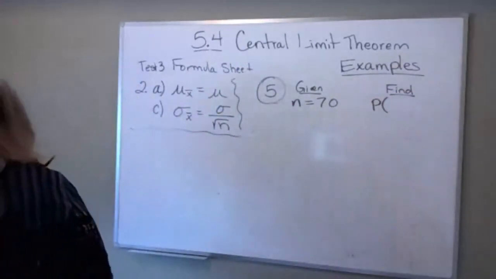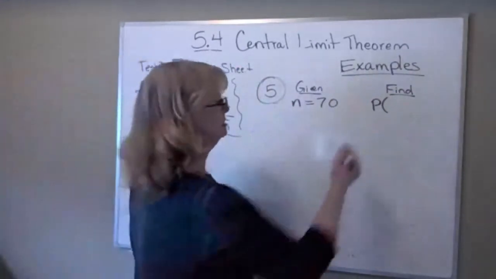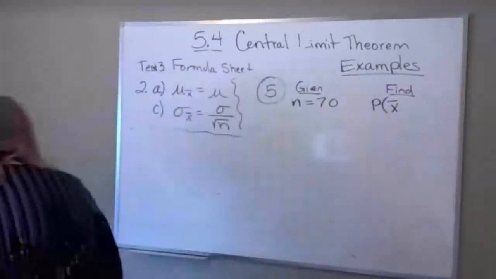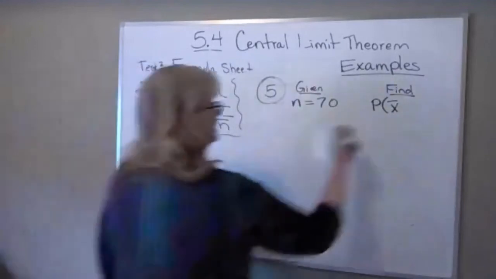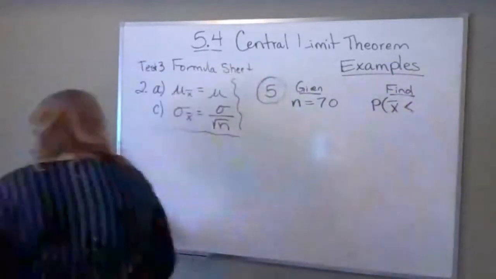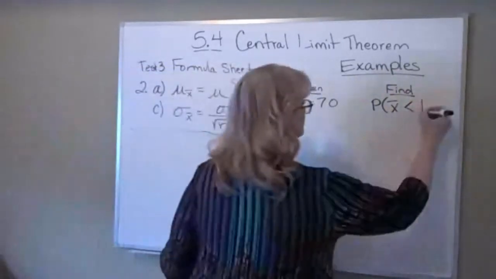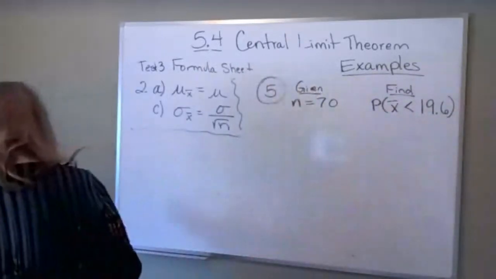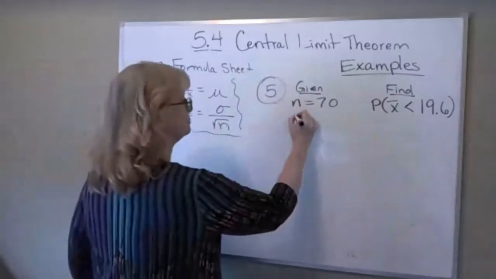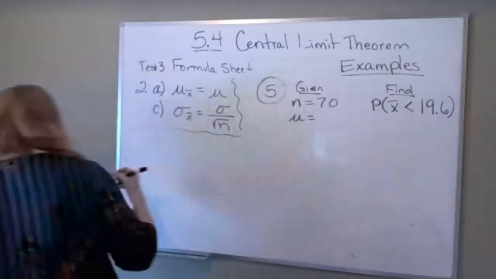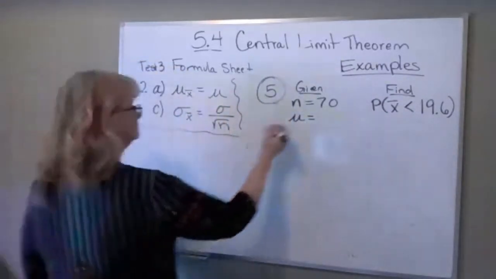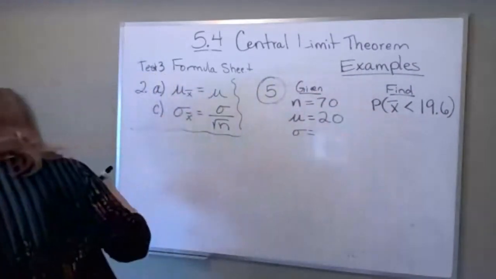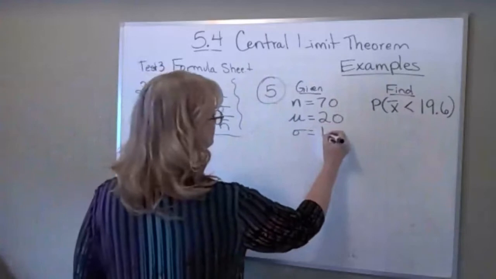Find the probability of a sample mean, so X bar, being less than 19.6 if, and then they give me some more information. They tell me that mu is 20 and my sigma is 1.17.